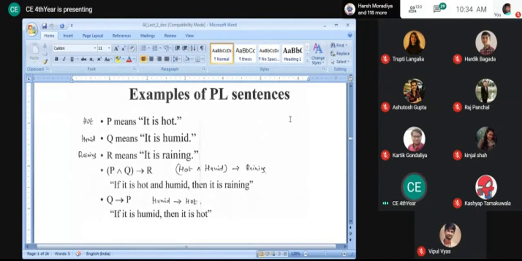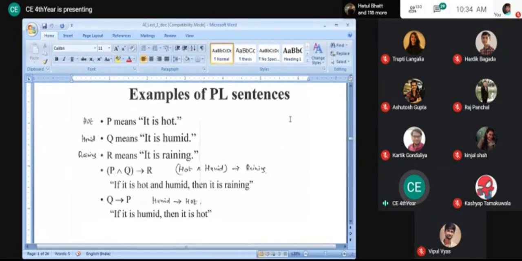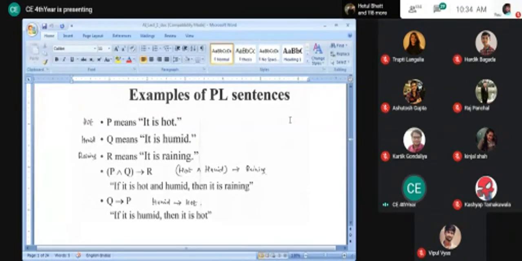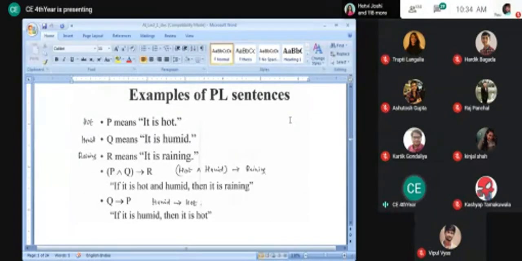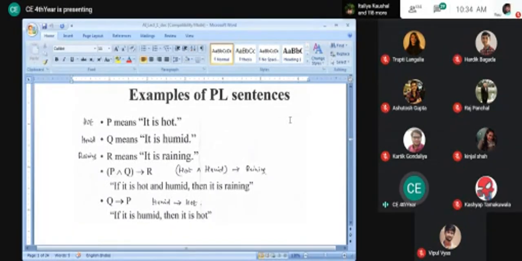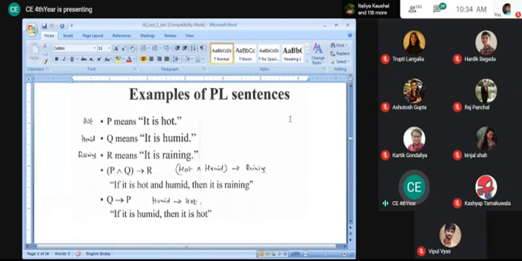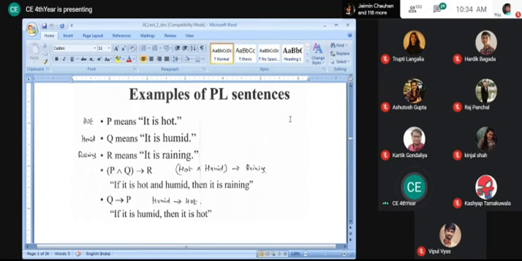The next information given to us is, if it is hot and humid, then it is raining. We write this sentence as a representation in propositional logic. Whenever it is if then, we must put implication. The preconditions are hot and humid, connected with the and relation.